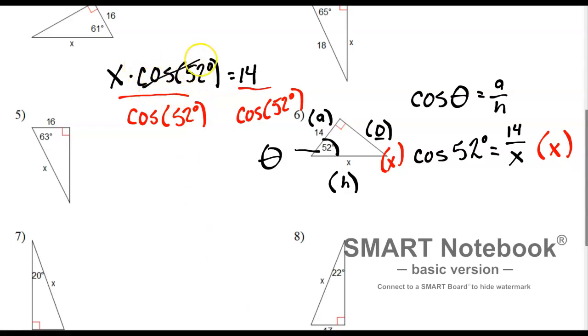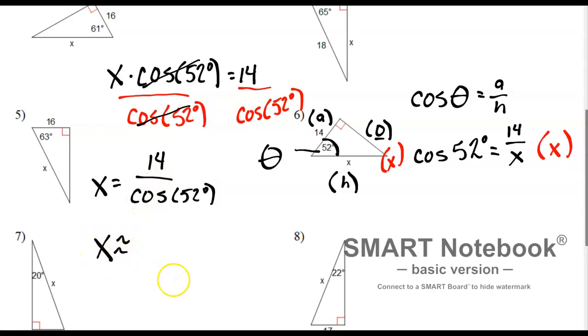So it cancels on this side, and I have x equals 14 over cosine 52. This is going to now require me to use a calculator. So we'll put x as approximately, since we're going to be approximating. So let's go to the calculator.